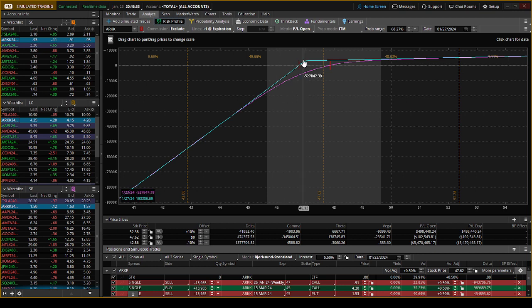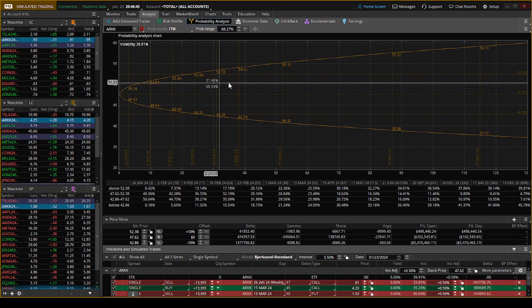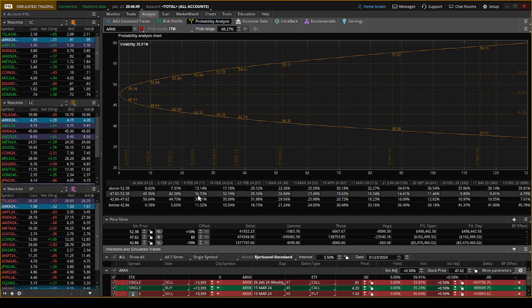So with your covered call, your profits are capped over here, and then you have all this downside. It's something you want to be aware of. There's also things like the probability analysis as this shifts over time, but this might be a little too complicated. If there's enough demand for it, I'll show it as well.